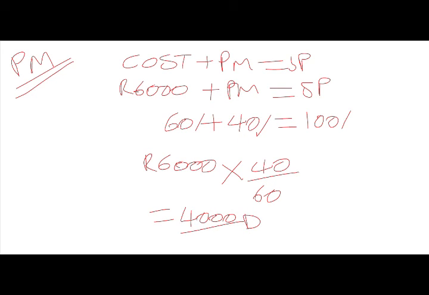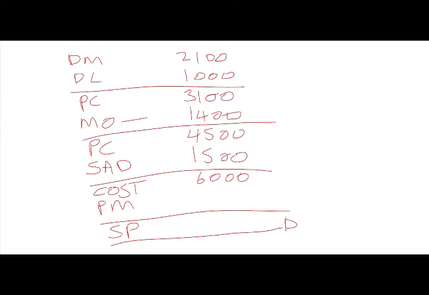So what you're doing here is taking the percentage of the value that you need divided by the percentage of the value that you have, which is the cost. And then our profit margin is 4,000. We add it here. Our selling price is 10,000.